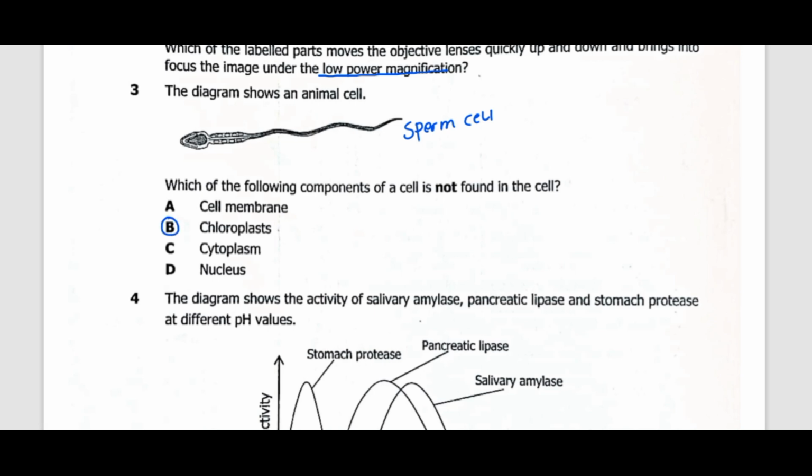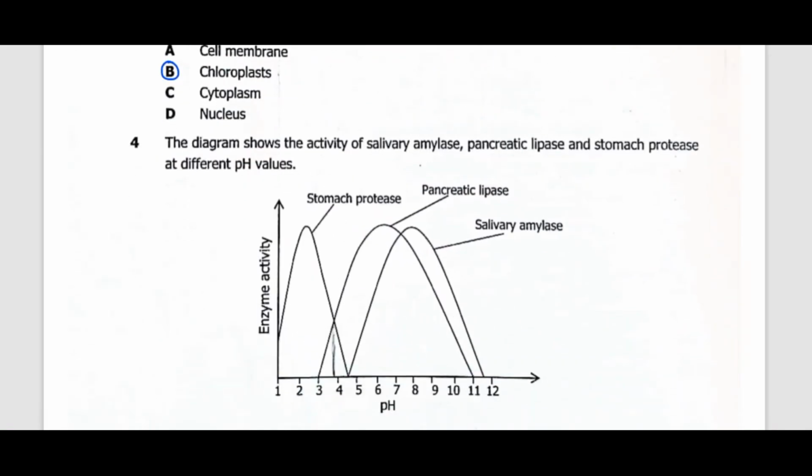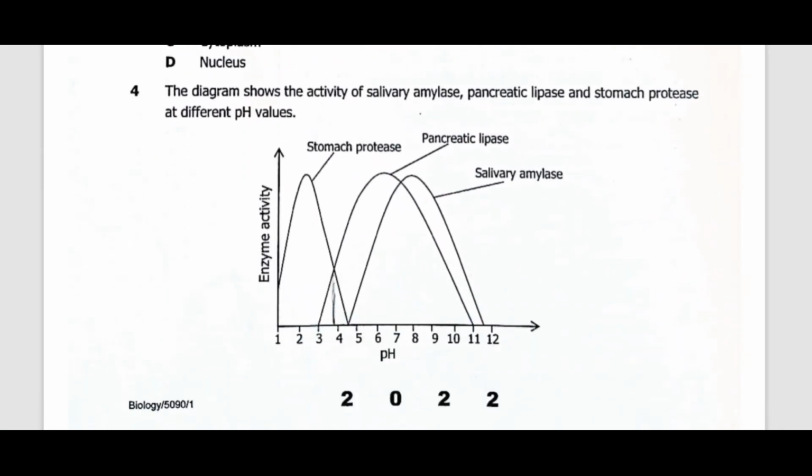So we can't find chloroplast in an animal cell. This part is found in a plant cell only, since that is where we are expecting to have the process of photosynthesis.